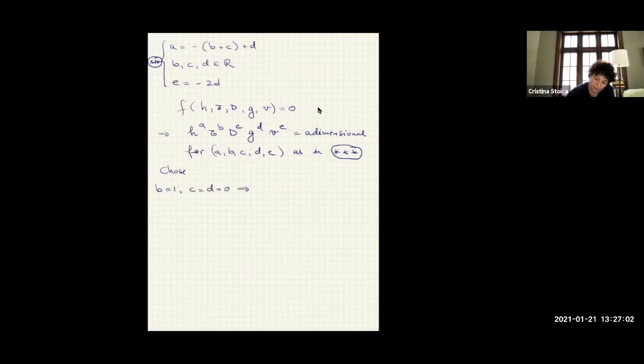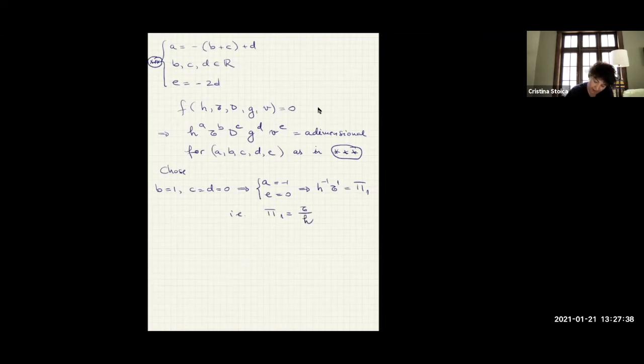So we end up with H at minus 1. If you substitute, then we end up with A being minus 1 and E will be 0. And so we get here that H at minus 1 tau at 1 would be the first dimensionless variable in this problem. So this is basically pi 1 will be tau over H.